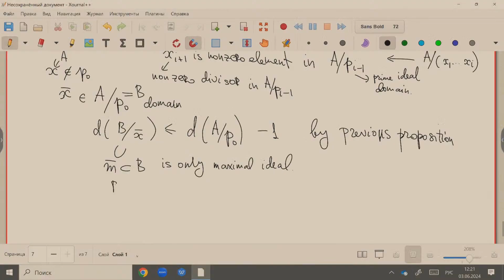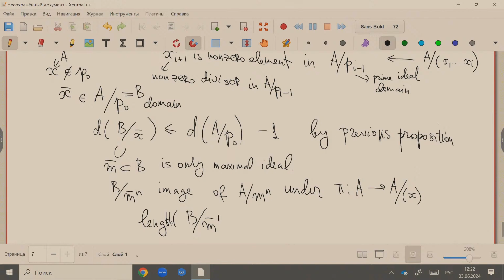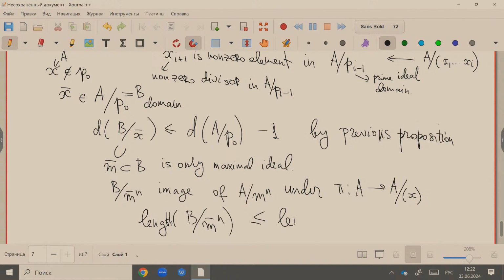And this means that B modulo Mn B is the image of A mod Mn under this natural map pi from A modulo Ax. Well, it is simply obvious. But this means that the length of this guy, with this operation, is bounded by the length of A mod Mn.